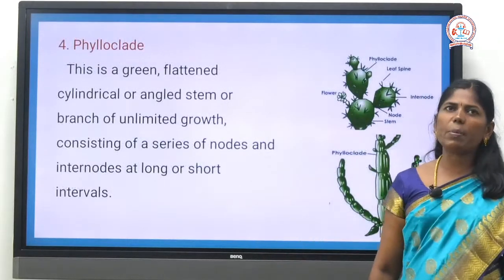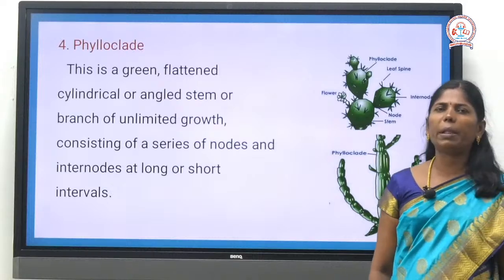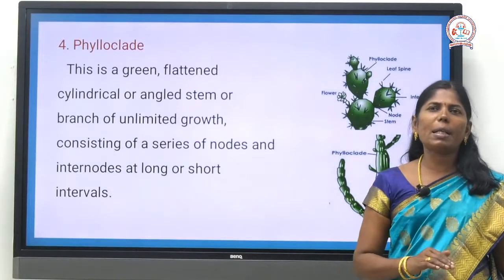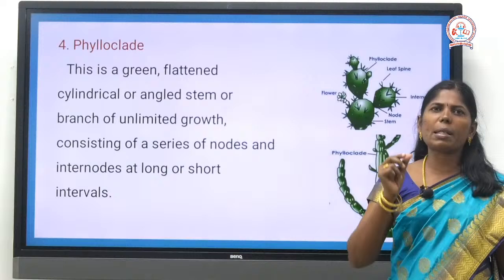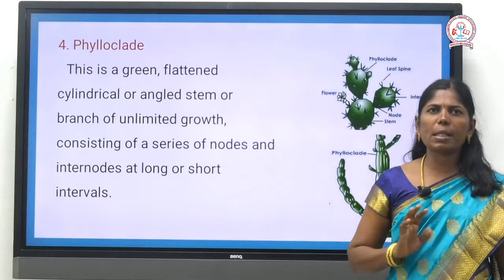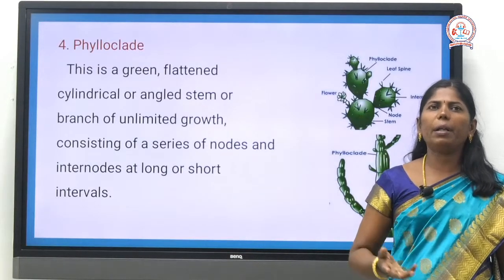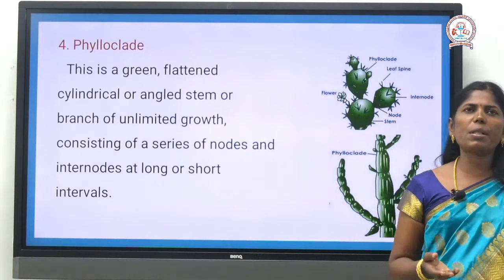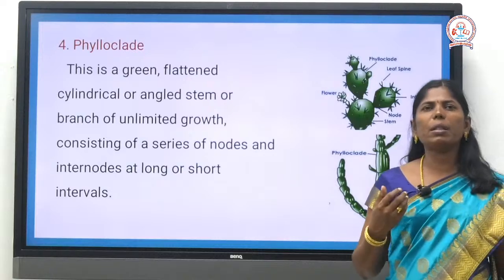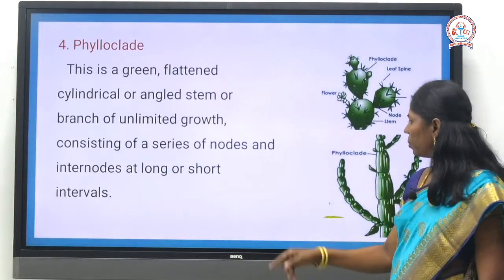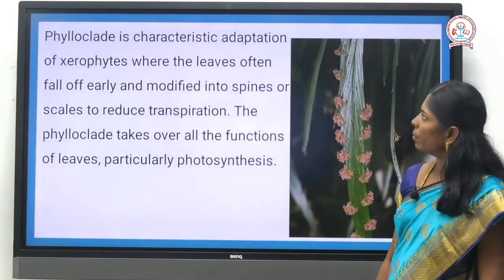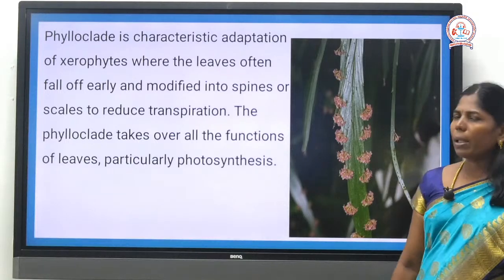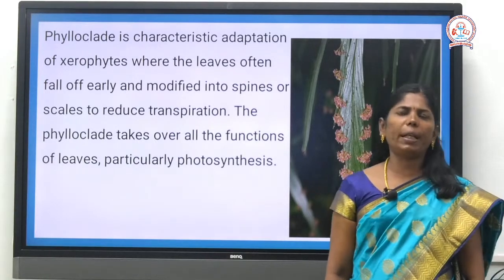Cladode and Phylloclade: the difference between the two is that a phylloclade is flattened, while a cladode is somewhat cylindrical. Both are stems modified into leaf-like structures. They have to carry out the function of photosynthesis and also reduce transpiration. What are the characters of xerophytic plants?